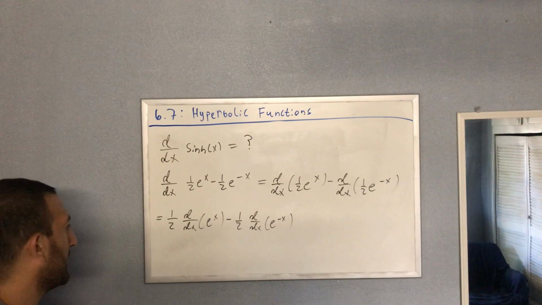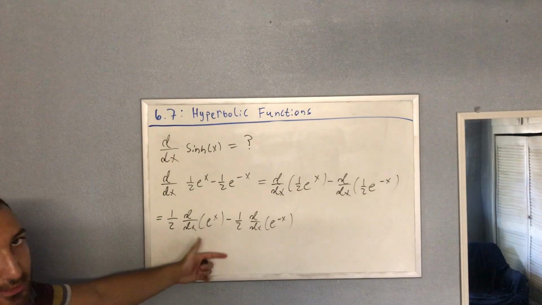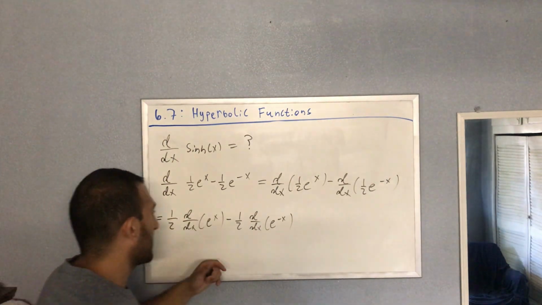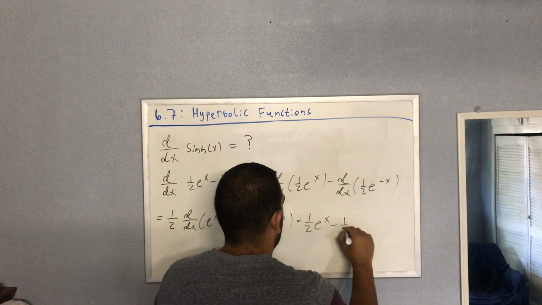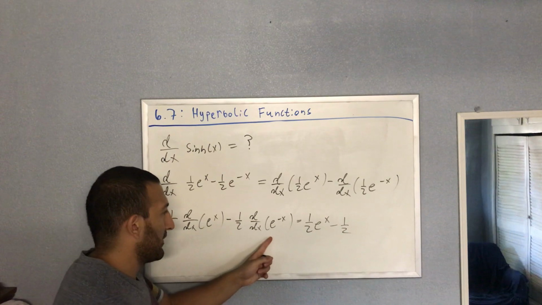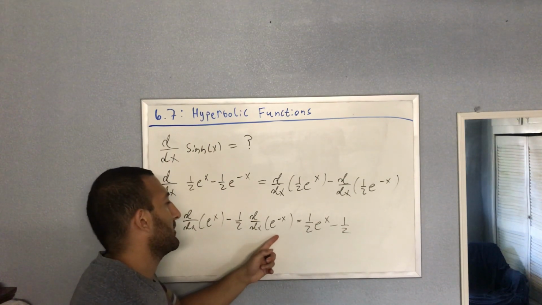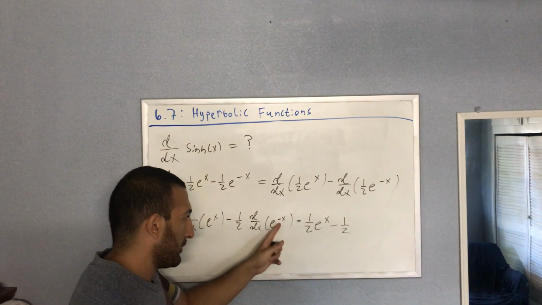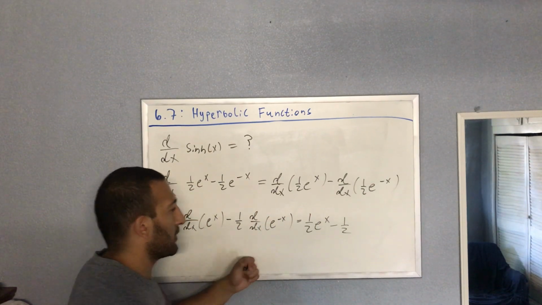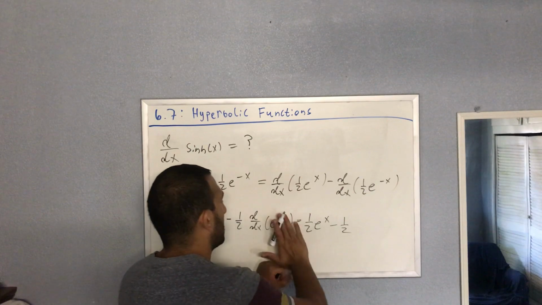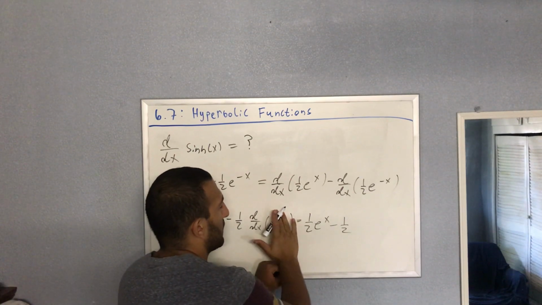Now the derivative of e to the x is amazingly itself, so this guy doesn't change. And then this derivative is almost itself, but remember, because this is not x, it's minus x, we have to use the chain rule. So the chain rule says you take the derivative of e to whatever you covered up as normal.